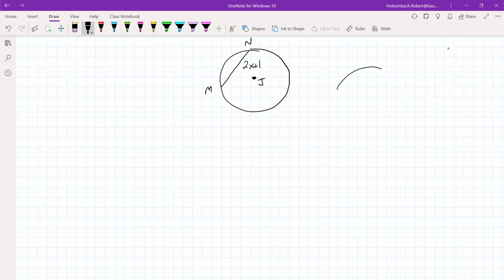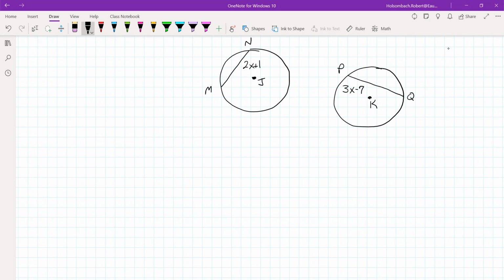Got circle K that's next to it. Circle K has a chord in it as well. That chord is PQ, and it is represented by the expression 3x minus 7.